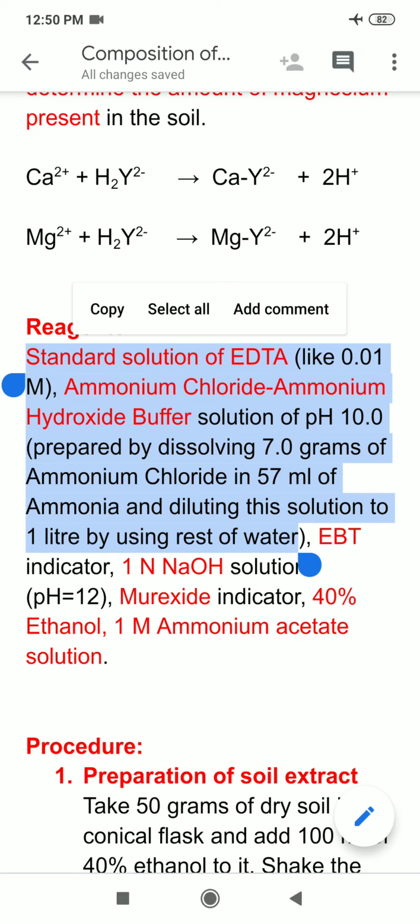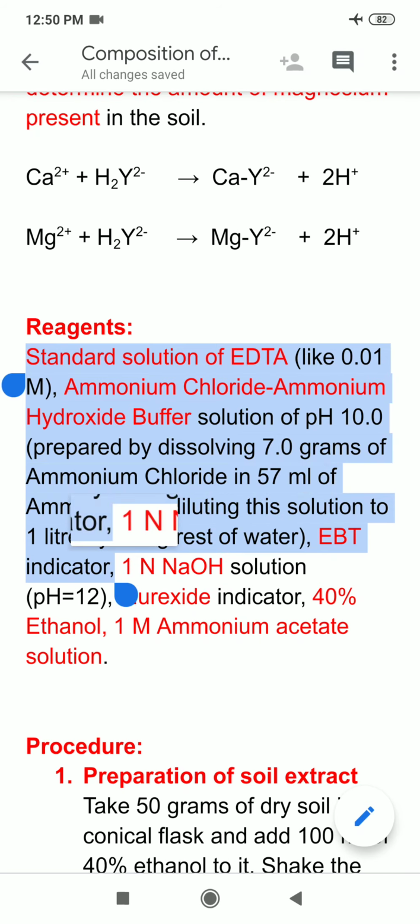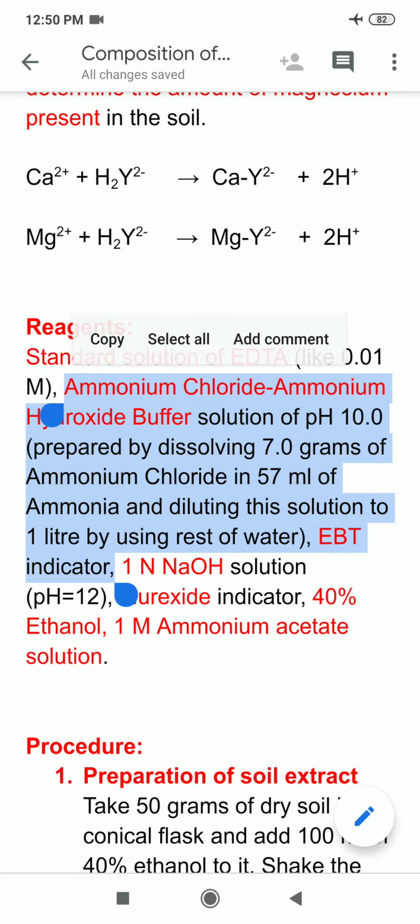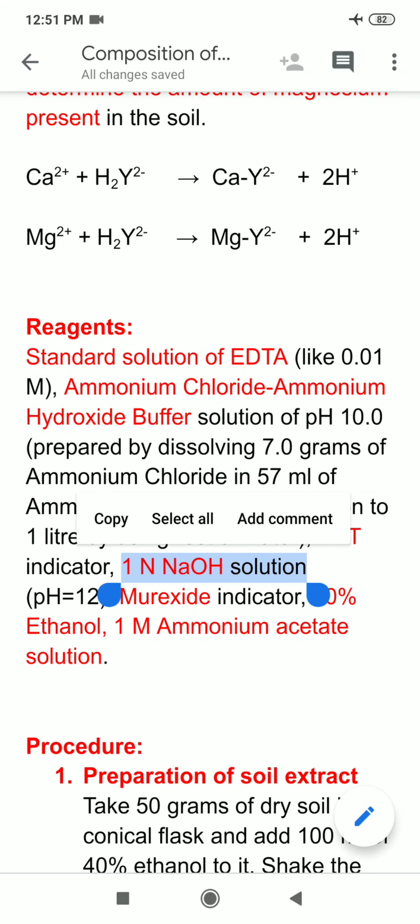And we also need Eriochrome Black T indicator. So for simultaneous determination of calcium and magnesium, we need ammonium chloride ammonia buffer as well as Eriochrome Black T. And for the second titration, that is for the determination of calcium, we will need 1 normal NaOH solution, or we can use the term 1 molar also, because 1 normal and 1 molar solutions of NaOH are similar, they have the same concentration.